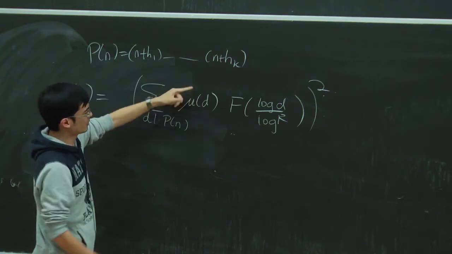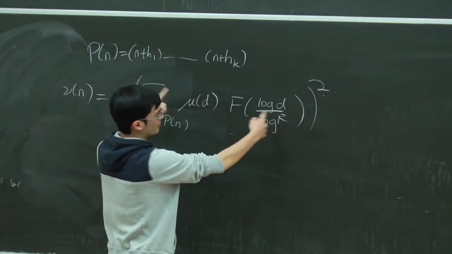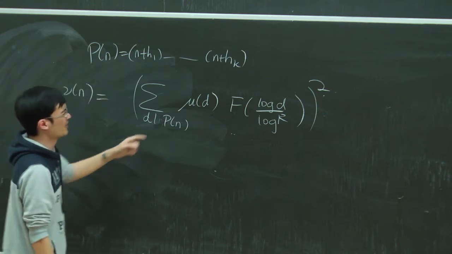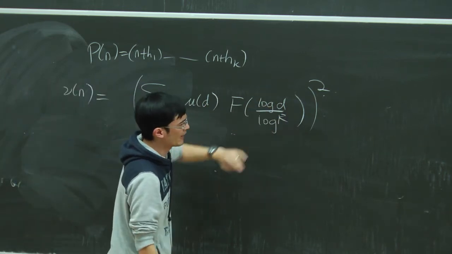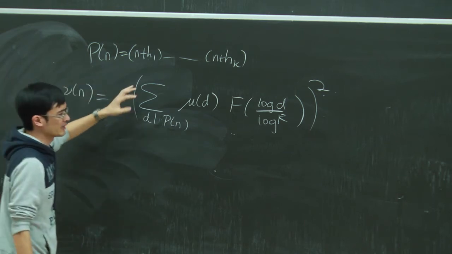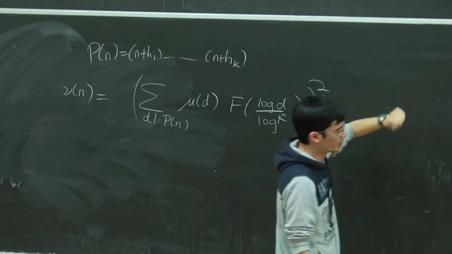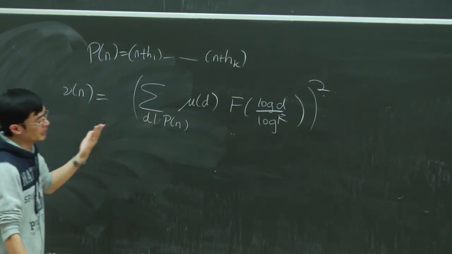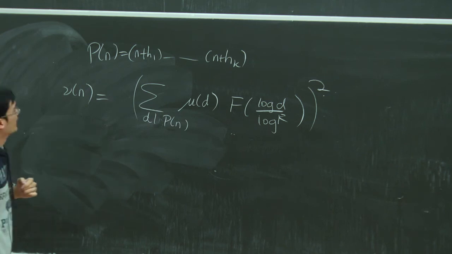This will give you a plus or minus 1 function. So that's some signed energy, and then you square it to make it unsigned. And then there's some cutoff function and there's some parameter which you have to choose. But you choose a function which is roughly like this. And this is what Goldston, Pintz, and Yildirim did, and this is what Zhang did. And then Maynard, and this is what the Polymath project did as well, at least initially.